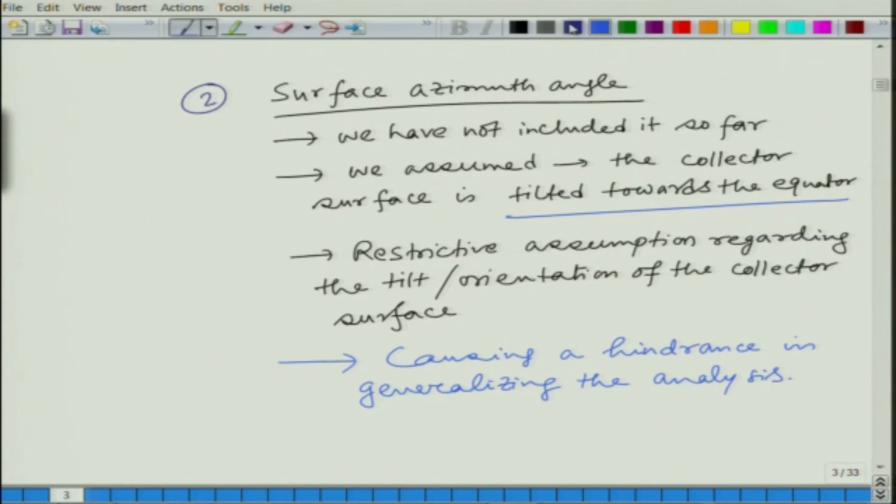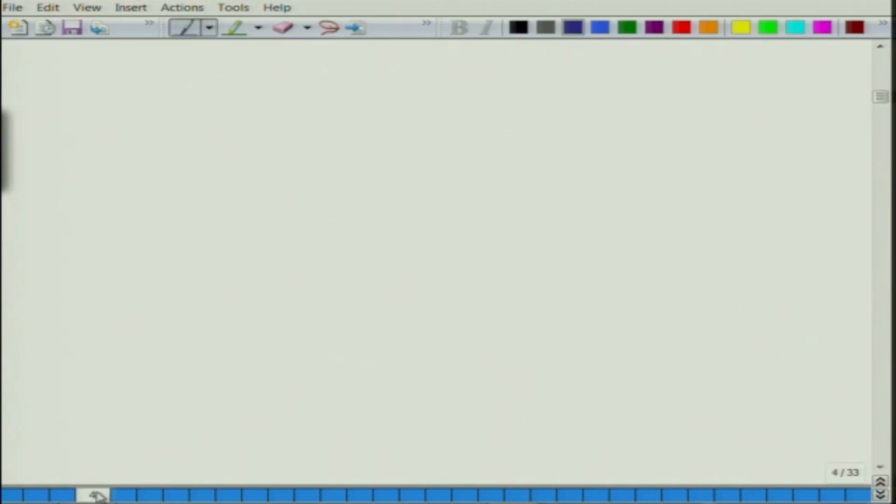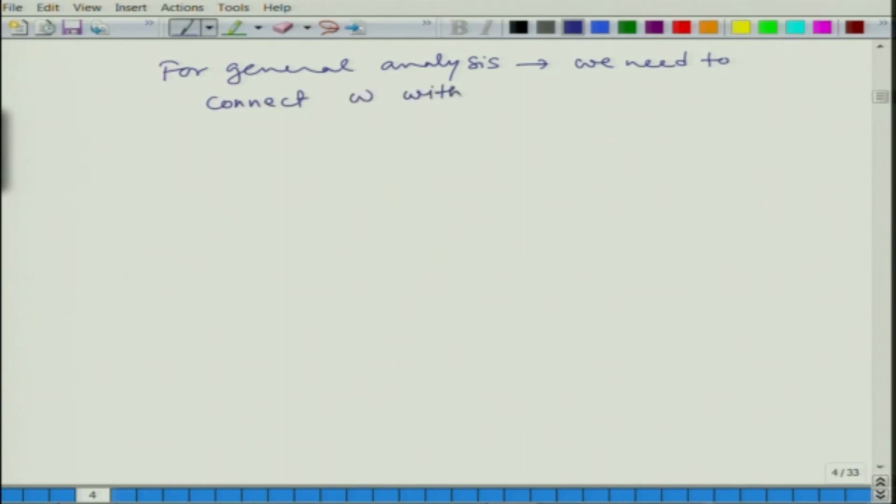Okay. So, how do we designate the solar azimuth angle? It is designated with AZS. So, these two major factors we need to get rid of. For general analysis, we need to connect this hour angle with the solar azimuth angle.